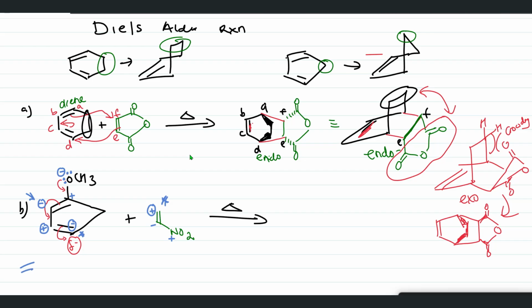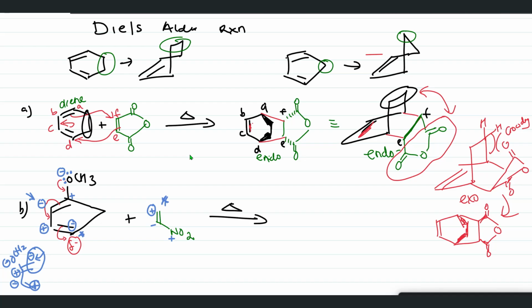If OCH3 is here, you go negative, positive, and resonance is not supposed to go this way. If you insist on going that way, you're going to end up on a positive. That's not what you want for the diene. You want a negative on the diene, so this will be the carbon of interest in that case.